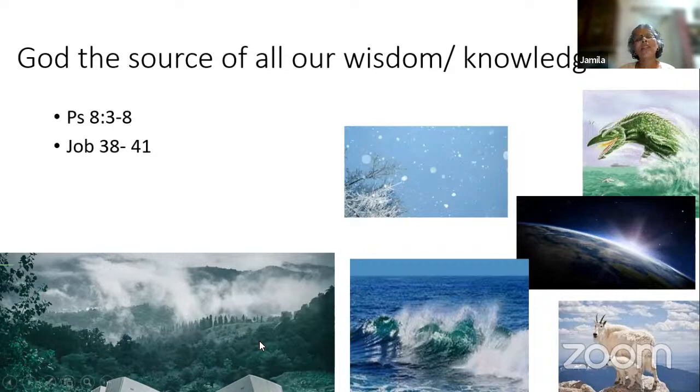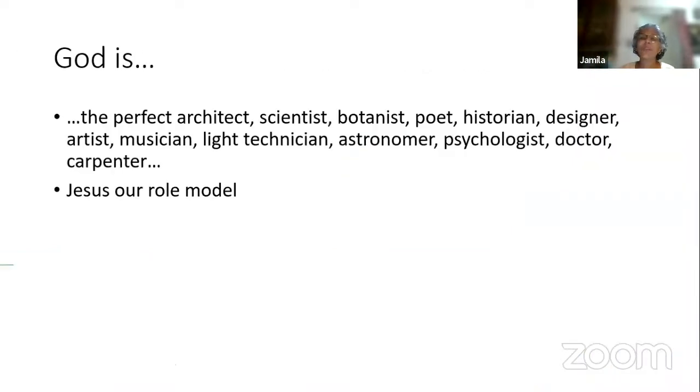When we understand that God has the secrets of the sea, of the snow, of the rain, of the stars, of all the living creatures, the mountain goats, the leviathan, everything in the world, God is the creator of all this. He's astronomer, psychologist, botanist, and everything.